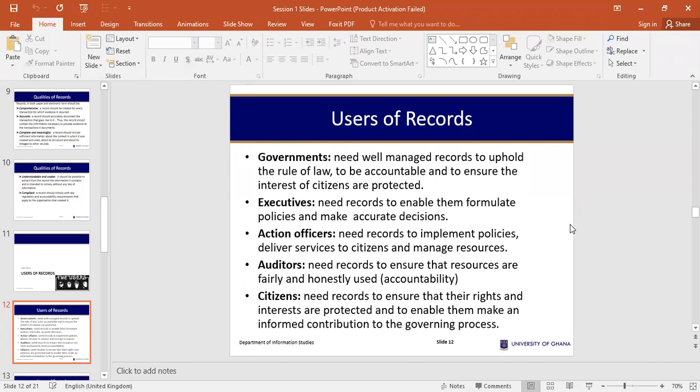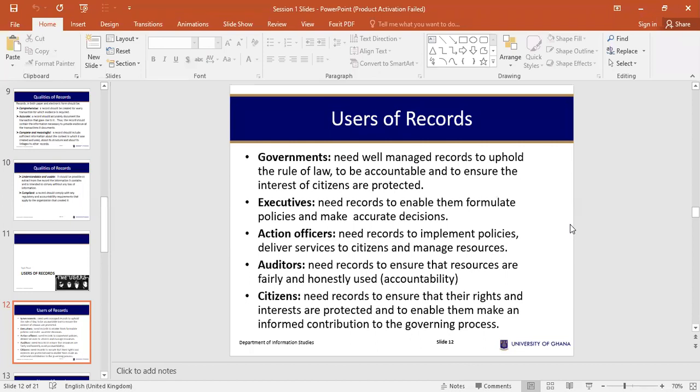And if there are any people who need to be sanctioned, they get sanctioned. If it is to repay some money that they have misappropriated or embezzled, that is done. So auditors need records to be able to carry out their work in assessing the incomes and expenditures, how incomes that were given out to these institutions or allotted through the budget and others were spent, how they were spent.